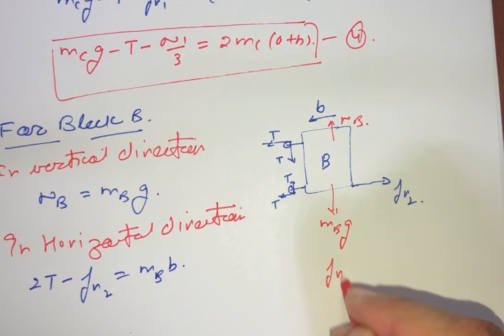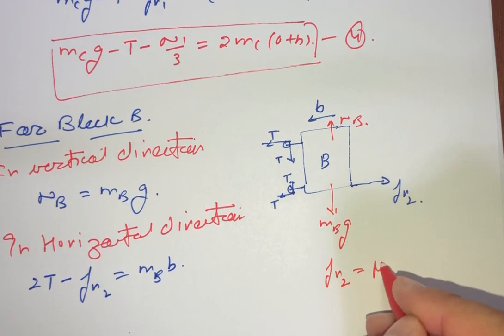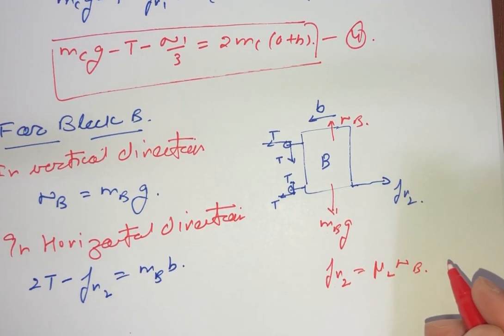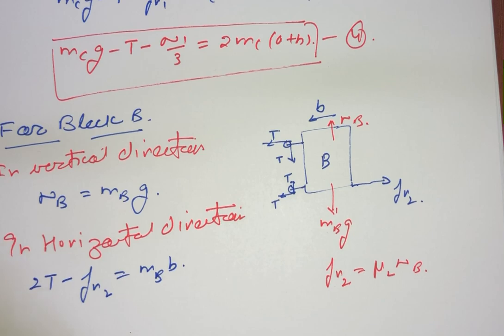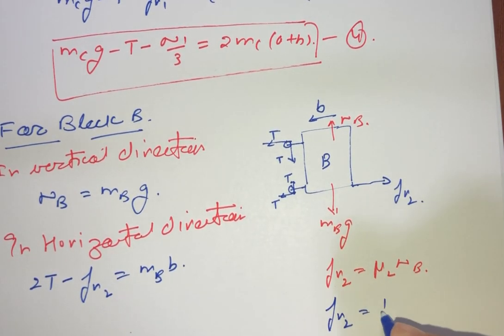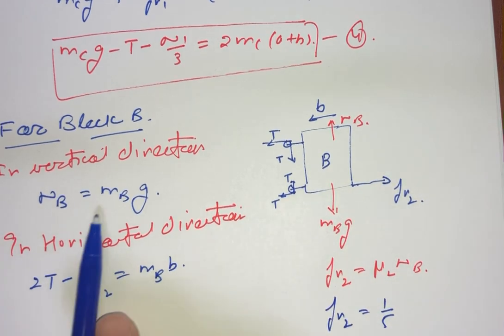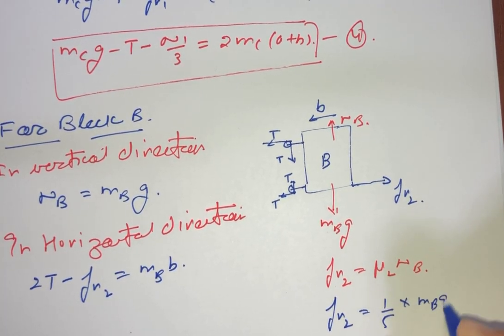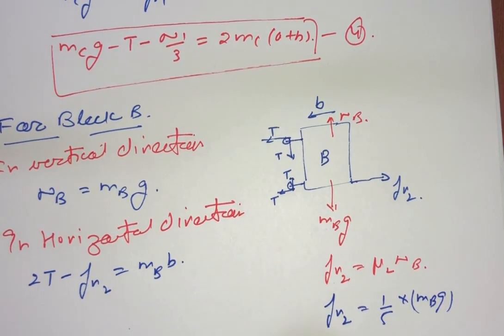Fr2 will be equal to mu2 into NB, and mu2 is given as 1 by 5, so we are going to have Fr2 is 1 by 5 and NB is equal to mBg, so here we can put mBg and we substitute the values.